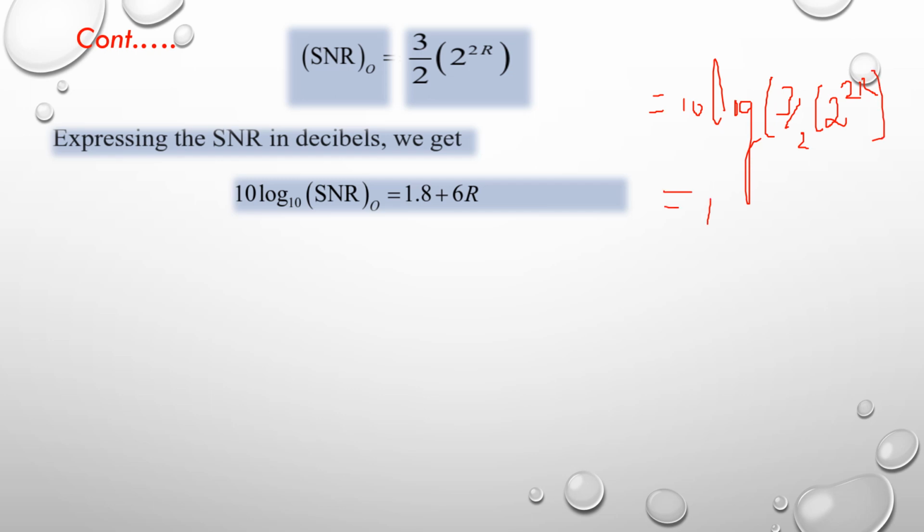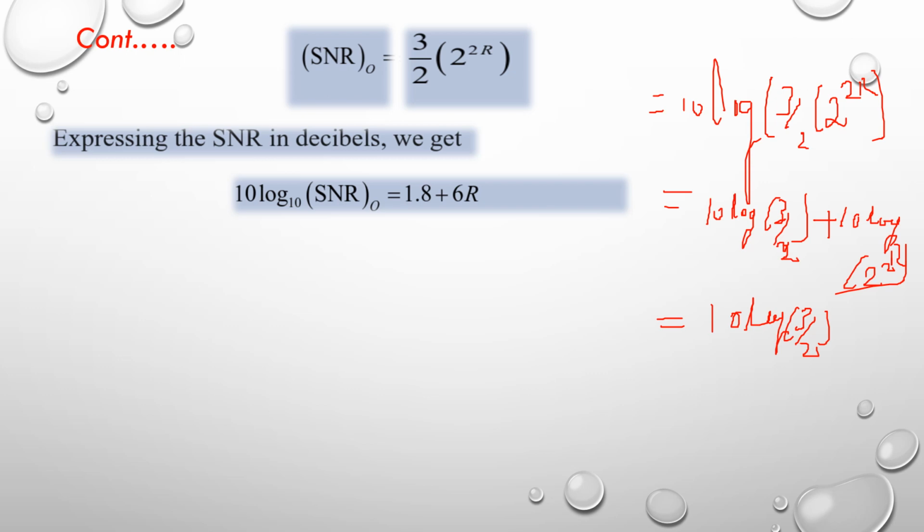Simplifying, it is equal to 10 log 3 by 2 plus 10 log 2 to the power 2R, which is equal to 10 log 3 by 2 plus 20R log 2. Again simplifying, we get SNR output in terms of decibel equal to 1.8 plus 6R.